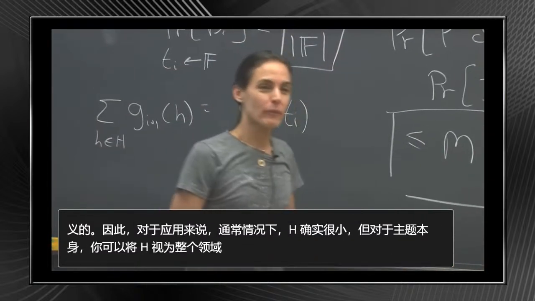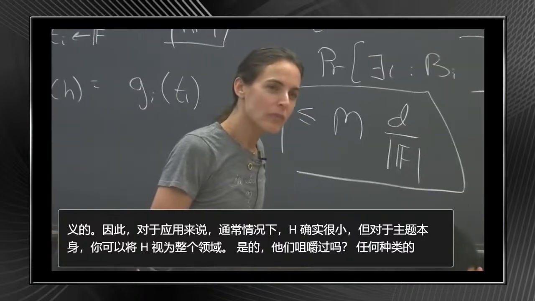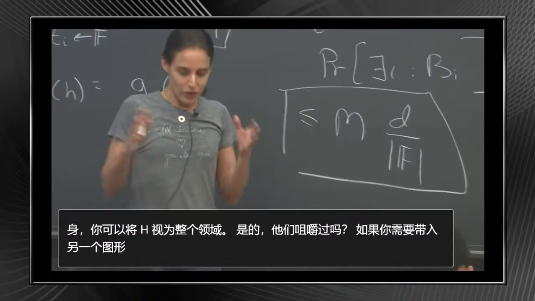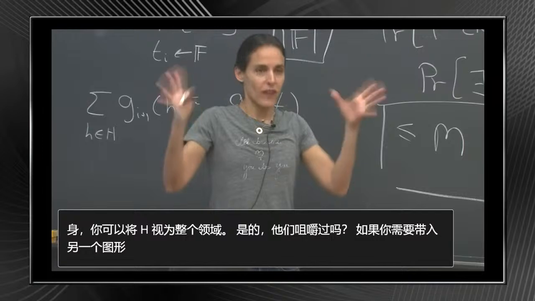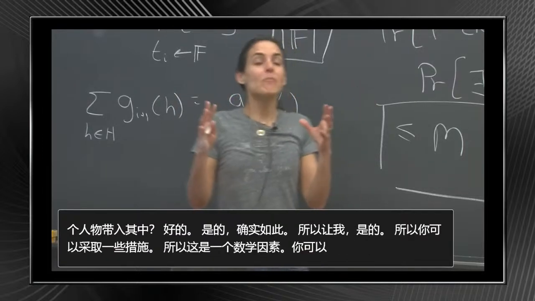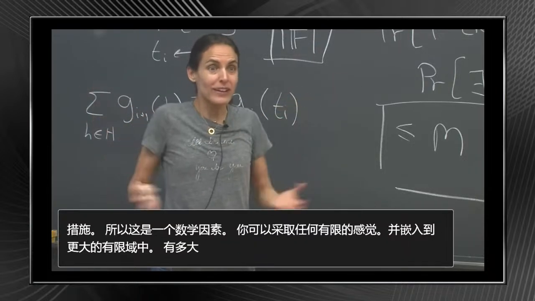Yes? Is it true that any finite field, it's easy to put it inside another bigger finite field? Yeah, okay, good. Yes, exactly. This is a fact from mathematics: you can take any finite field and embed it into a bigger finite field. And how big is the bigger finite field? As big as you want.